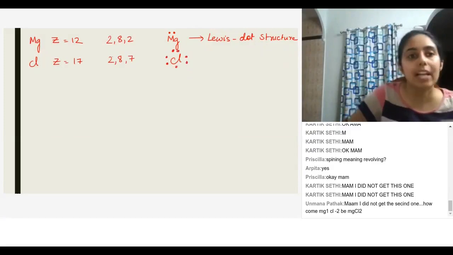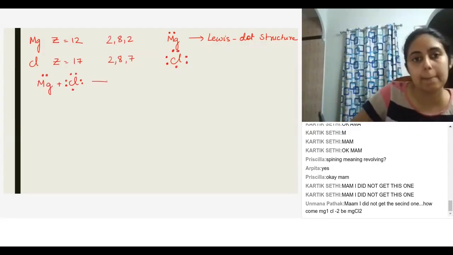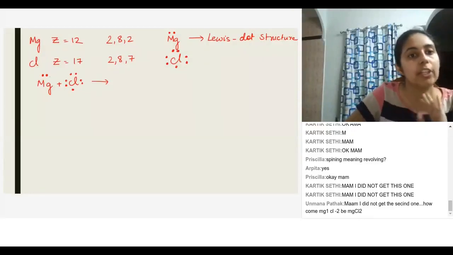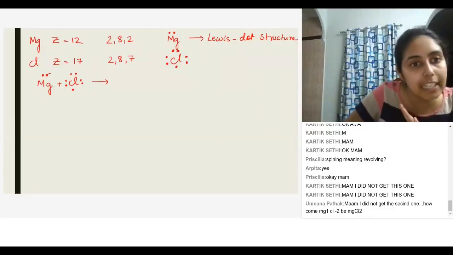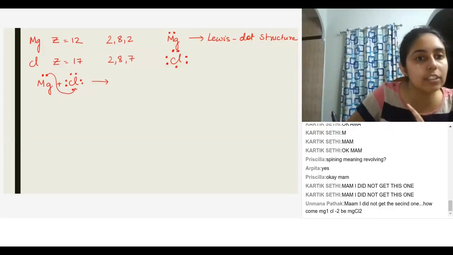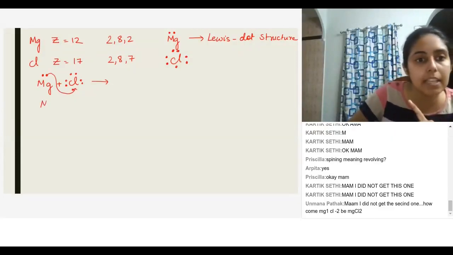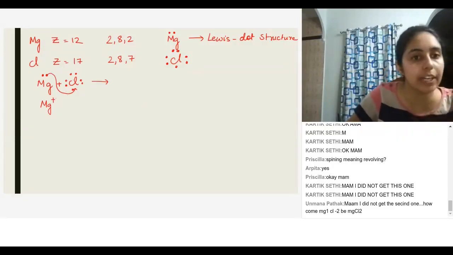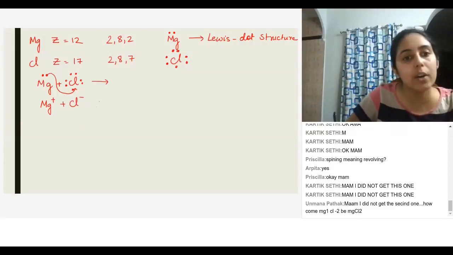Now what happens when I take magnesium? Magnesium needs to give away these 2 electrons in order to be stable. The first electron will go into chlorine. Now chlorine has 8 electrons and magnesium becomes Mg plus. It has given away 1 electron to this chlorine, so this chlorine has become Cl minus.